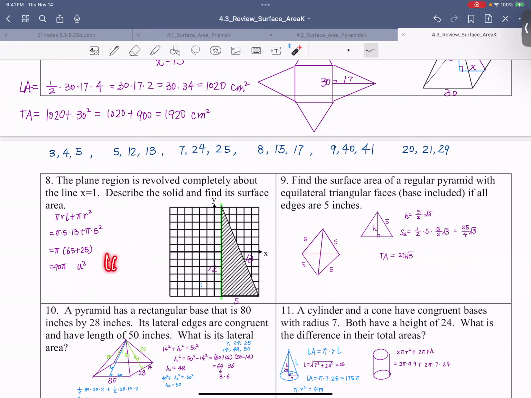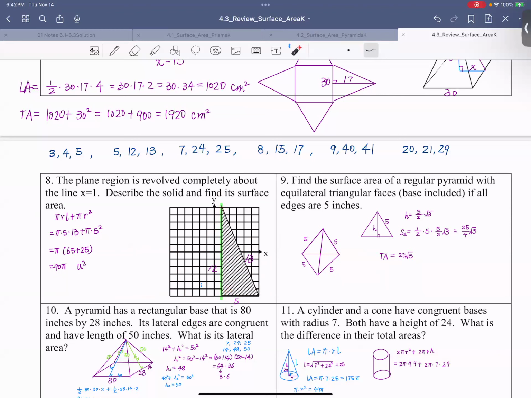Write down lateral surface equals to pi times r times L. Okay? Pi times r times L. So come to here. This one revolve. That line is a cone. And that cone's lateral surface is pi times r times L.